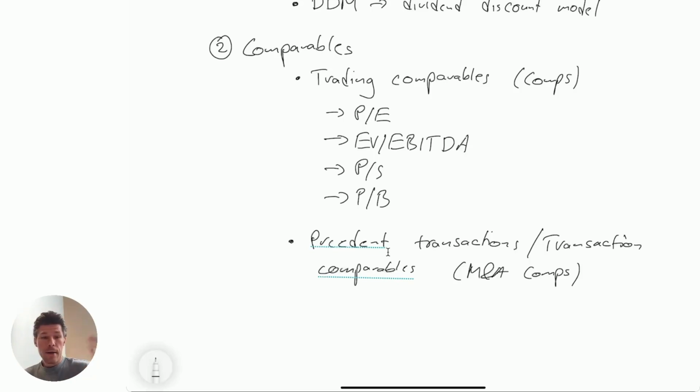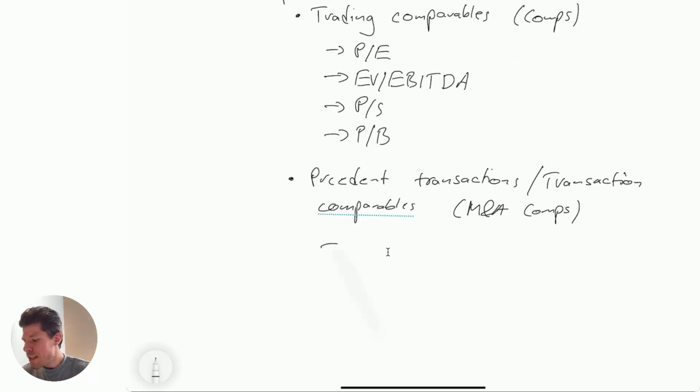If we know a private equity company has bought another company for 10 million, and we believe our company is twice as big or twice as valuable, then maybe the price tag should be 20 million. Basically, we look at the same or similar figures: enterprise value to EBITDA, enterprise value to sales, sometimes premiums paid for controlling deals.